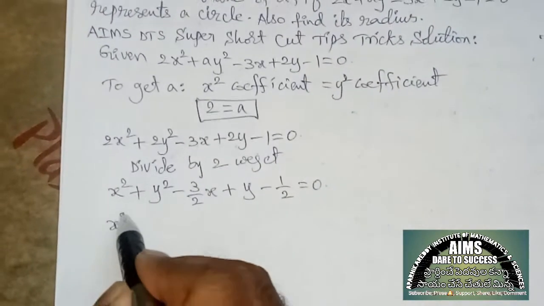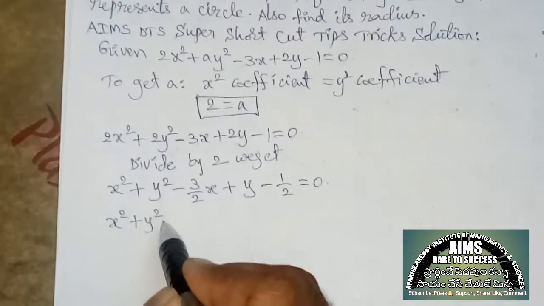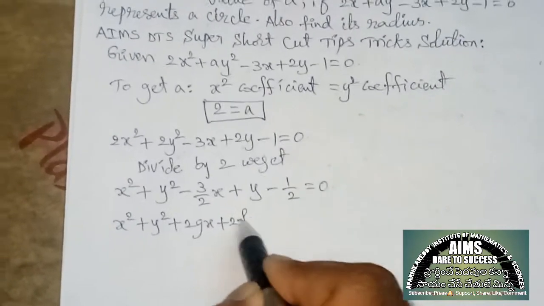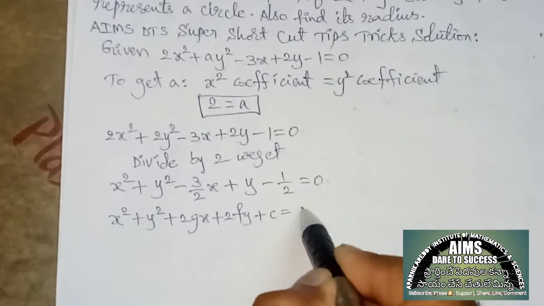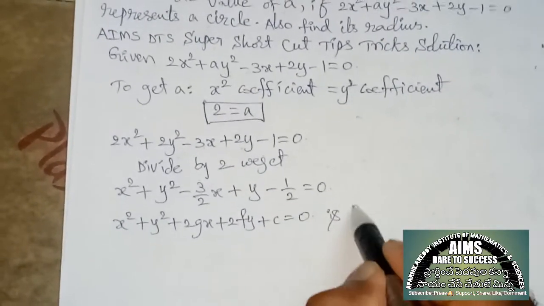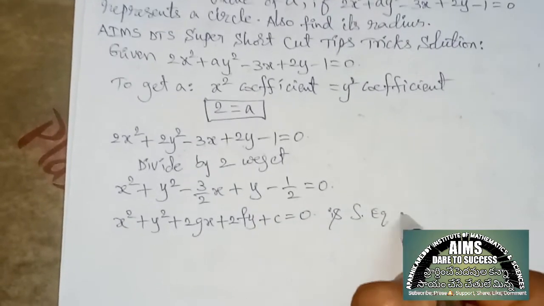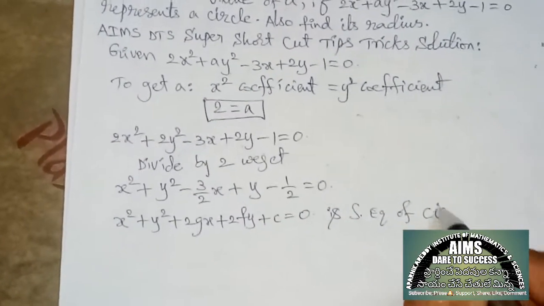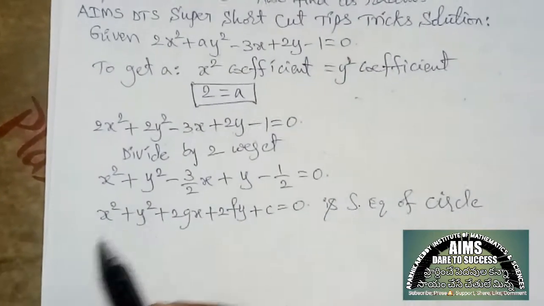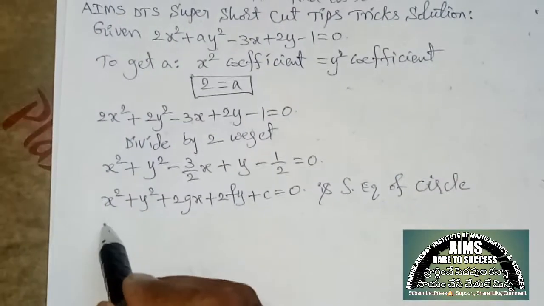Comparing with the standard equation of the circle, x square plus y square plus 2gx plus 2fy plus c is equal to 0. Here you can check, x square coefficient and y square coefficient are 1.